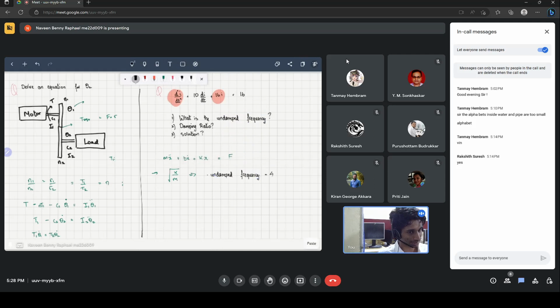I hope that made sense. So, for the undamped frequency and the damping ratio, it's necessary that you remember the equations. Give me a second.